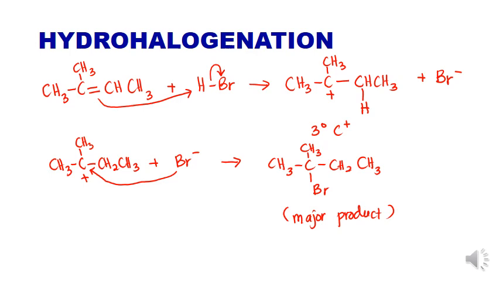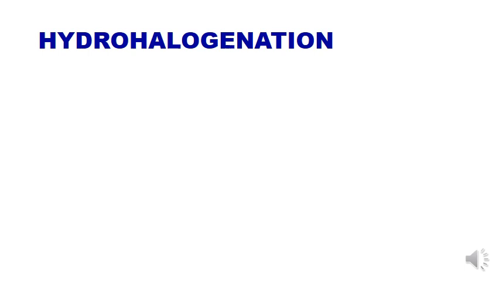If we have the same example but the reaction with HBr is in the presence of peroxide, it will follow the anti-Markovnikov rule. So what if we have 2-methyl-2-butene react with HBr in the presence of peroxide?